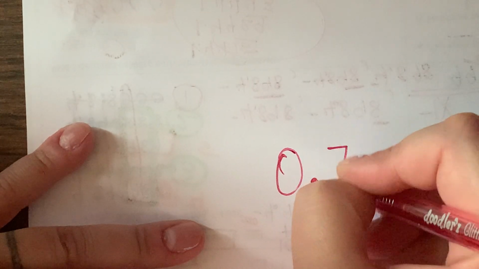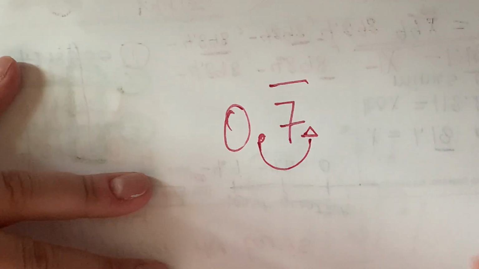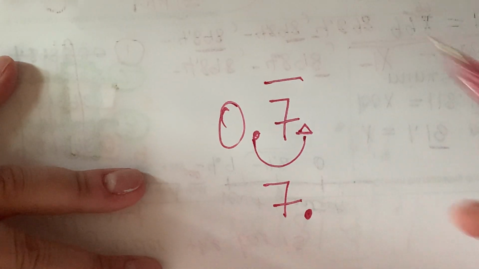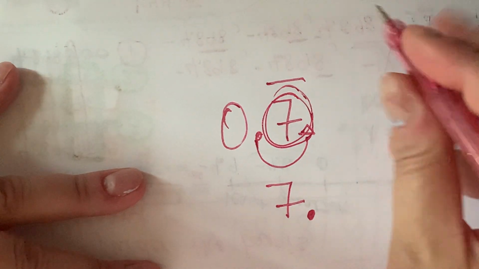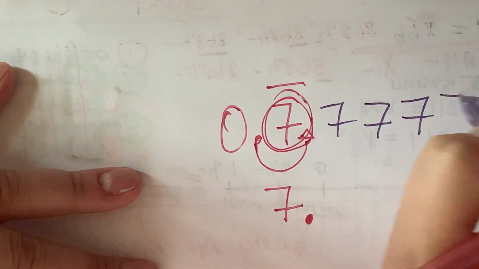So instead of 0.7, the decimal now moves once to the right, and we have 7, then a decimal. But then what about this part that's repeating? Technically, it's there. Always.